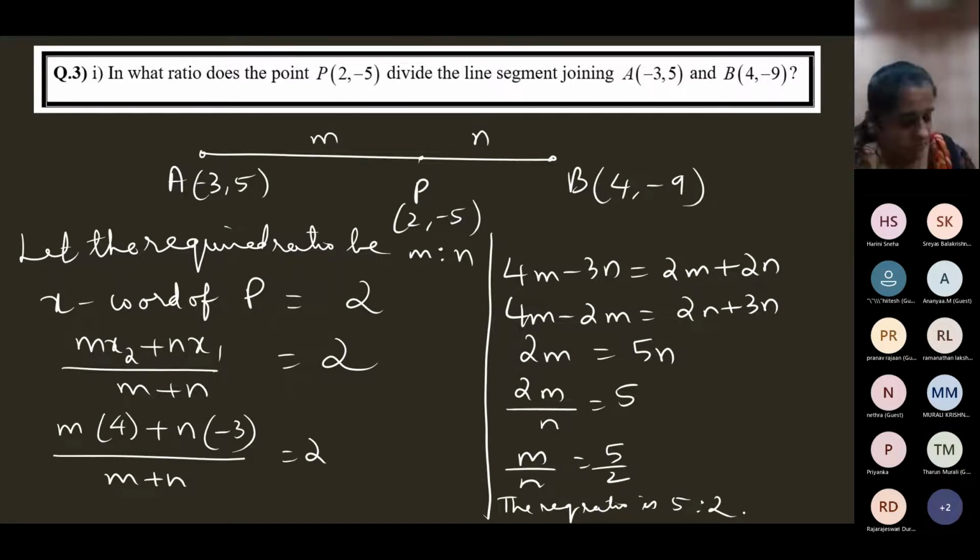Take down, children. So see, we used only the x coordinate of P to find the ratio.